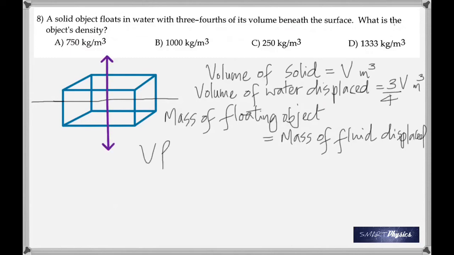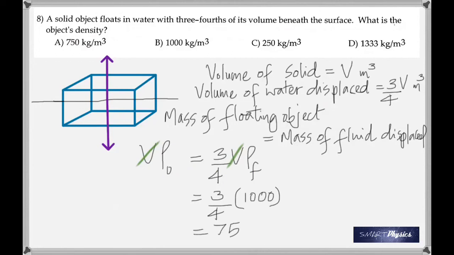But by flotation, the mass of the floating object is the mass of fluid displaced. So now we understand that this is the mass of the object, multiplying its volume with its density. That should be equal to the mass of fluid displaced. Now the volume of fluid displaced is only 3 by 4 V because only that part is underwater. And that gives 3 by 4 times 1000, which is 750 kilogram per meter cube.